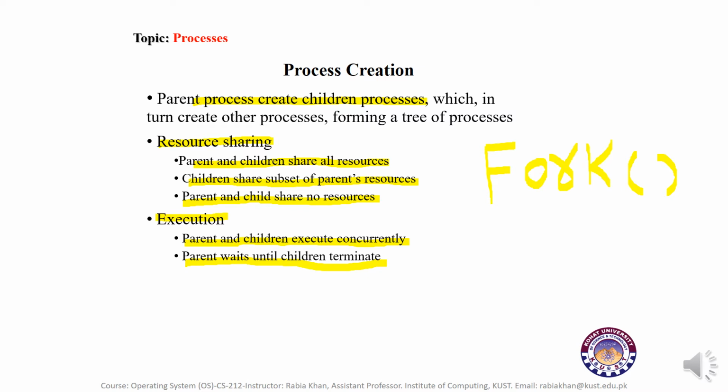For example, in programming, when the main function is executing and it calls function A, which is a child process, if you close the main process, the child process will not get executed. So the parent has to be there in order for the child to complete its execution. The child gets terminated first and results are then given back to the parent. Then the parent can be terminated. So both situations are there.